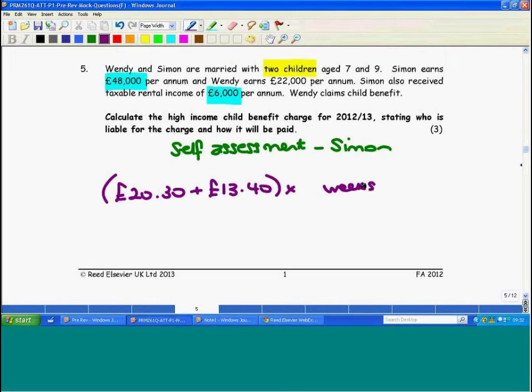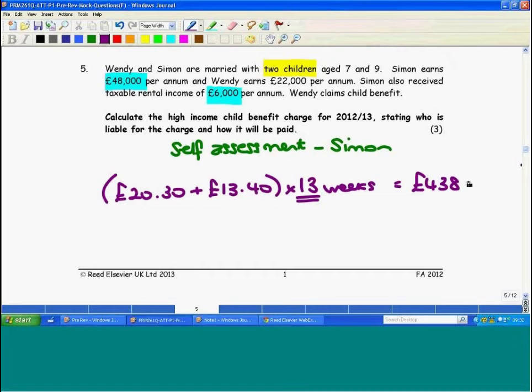Be careful. This only kicks in from the 7th of January 2013. It does state this in the notes on the tax tables. This means if we're doing a calculation for the 2012-13 tax year, we're only going to be looking at 13 weeks, and a lot of students seem to be missing that. So we need to look at how much they're entitled to receive. If I tally that up, I get £438. So that's what they can actually receive.